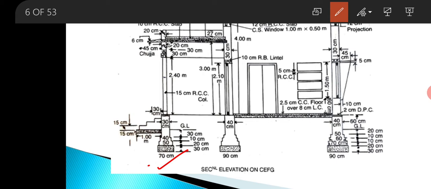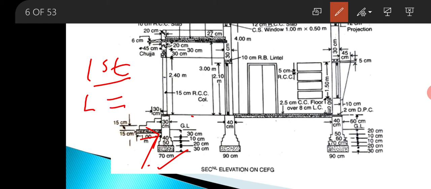One is of 50 cm width, the second is of 40 cm width, and then there is a plinth wall of 30 cm width. Okay. So first we will go for the calculation of the first footing.